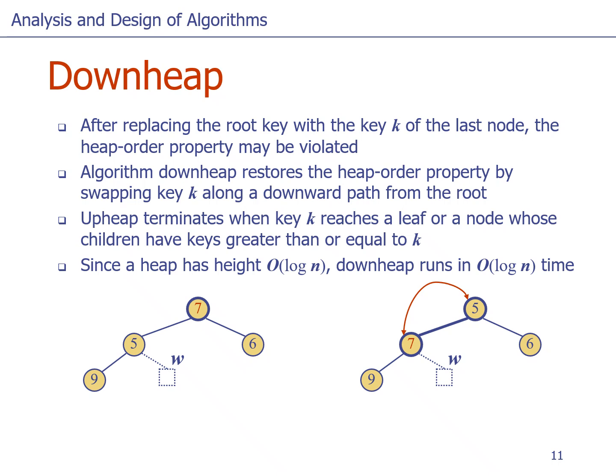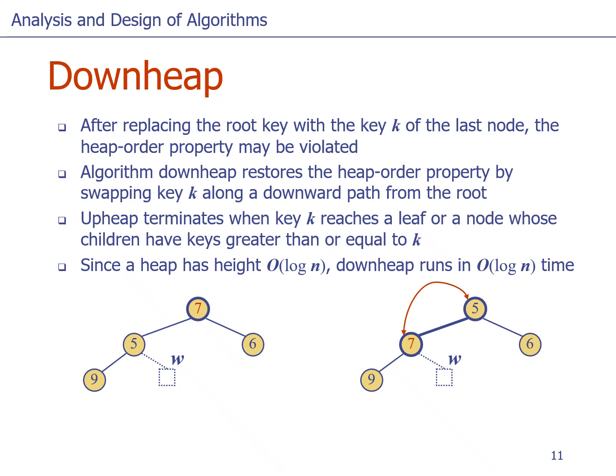So what I'm going to do is something called down heap, where I grab the value that I have put at the root level, in this case the 7, and I push it downward by comparing it with its children, swapping the smaller of the 2 children into its place and bringing it down, and I keep doing that until the heap order property is respected, or is maintained back to its original state, because this is an invariant that we will always have to hold true.